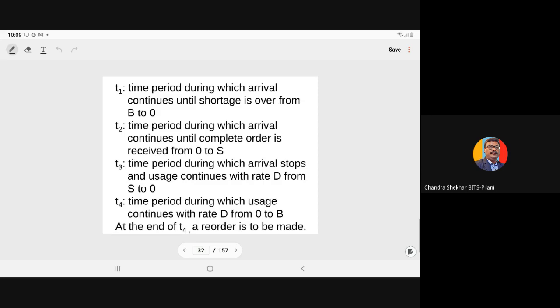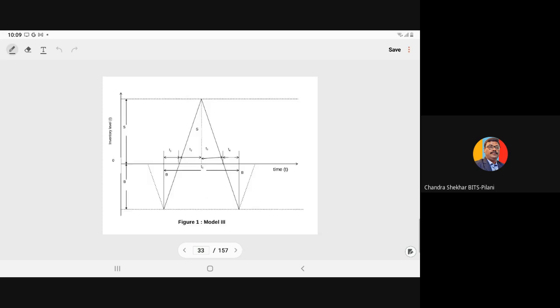In the last class I told you that we can break one order cycle into 3 or 4 time periods, right? Here we have T1, T2, T3, and T4. In T1, we manage the shortages with the production run while satisfying the current demand.